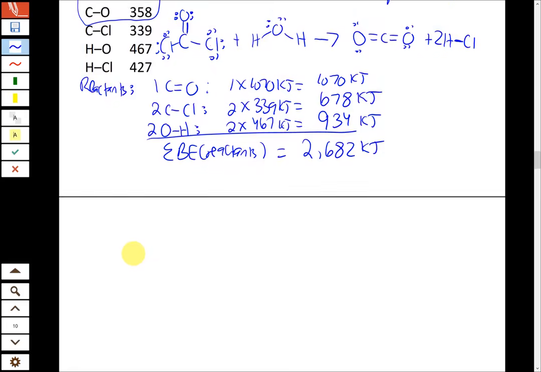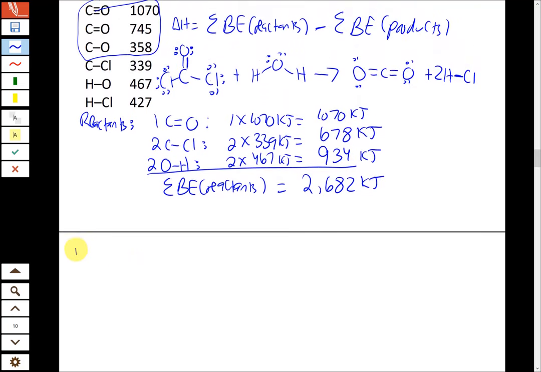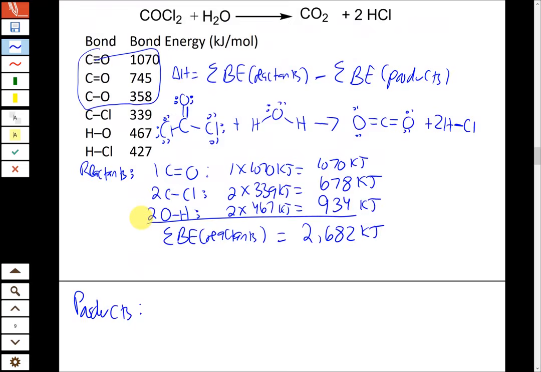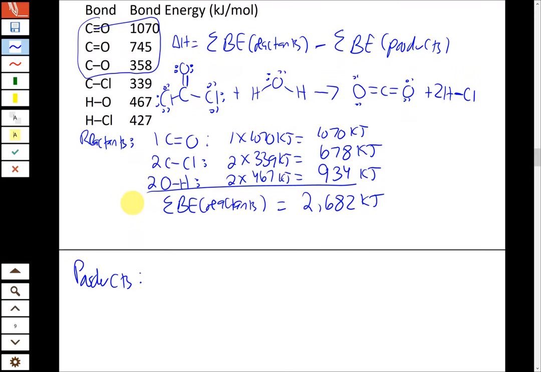All right, so that's what we get on the reactant side, and then we're going to do the same thing on the product side. A little bit simpler on the product side, not as many bonds. We have 1 CO2 that has 2 carbon-oxygen double bonds, and we're counting up the individual bonds here, not just one for each substance. So CO double bonds, there's 2 of those.